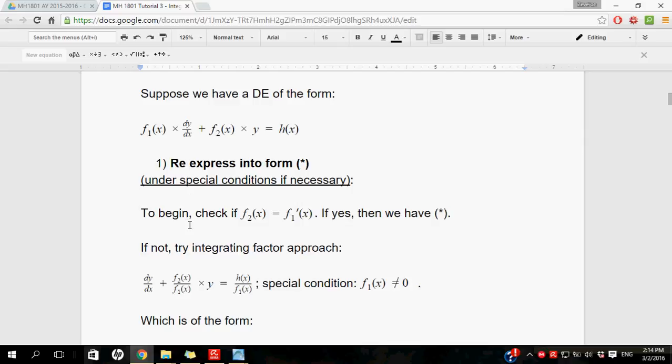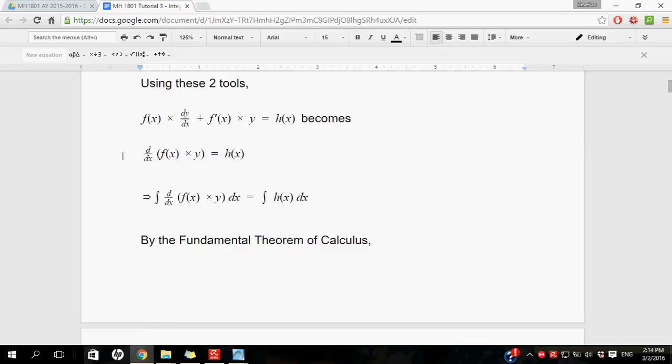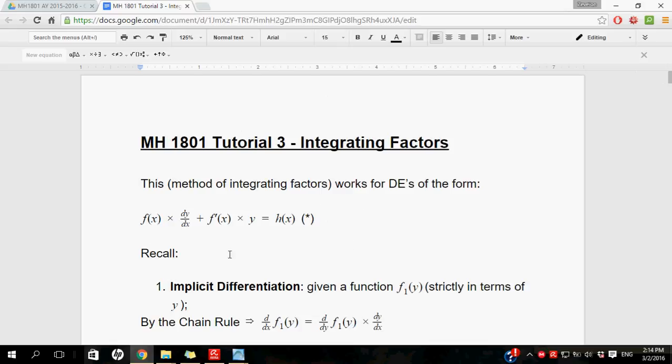The first thing that we should check is whether f2 equals the derivative of f1, whether f2 is f1 prime of x. If it is, then we don't need to worry, because this equation is already in the form star. Here we have f1 and here we have f2, which is equal to f1 prime.